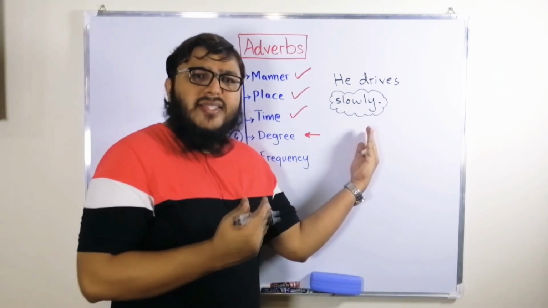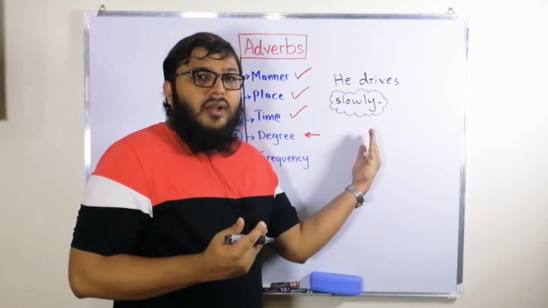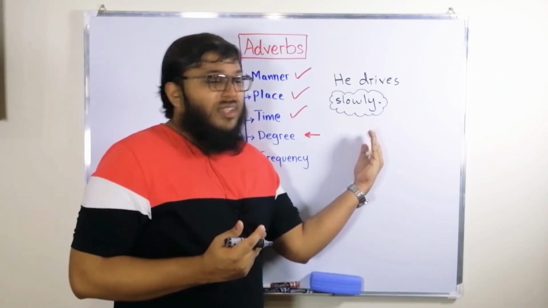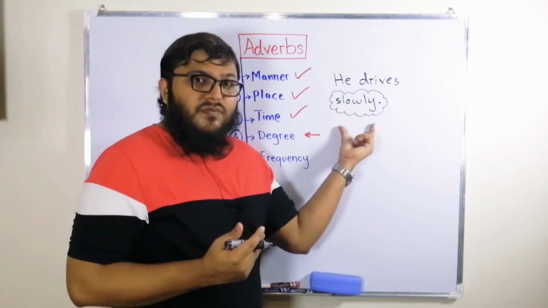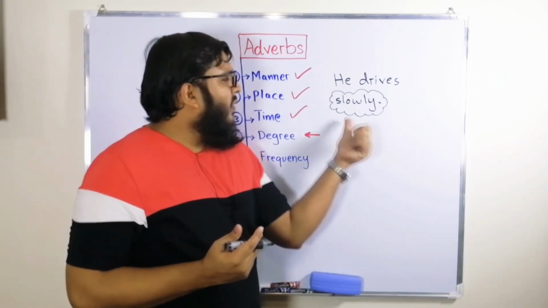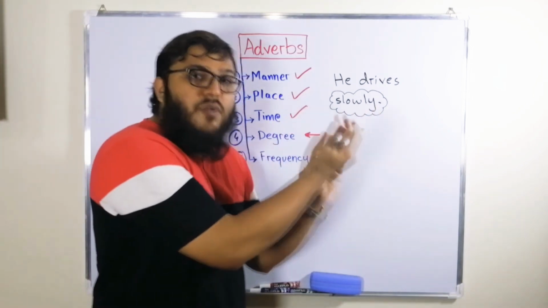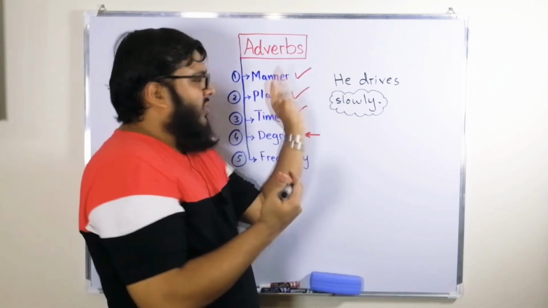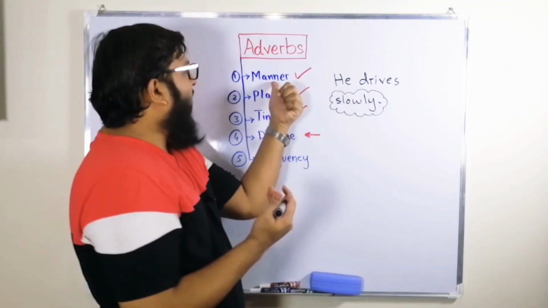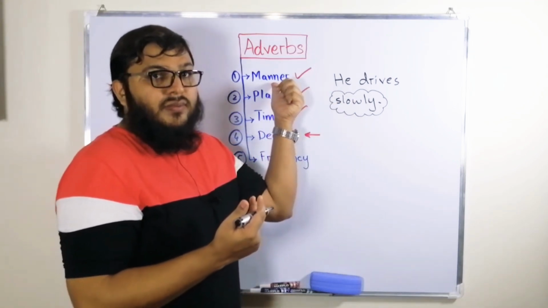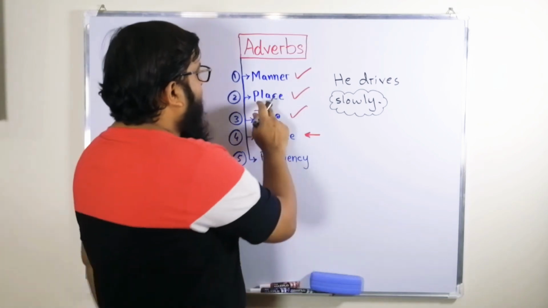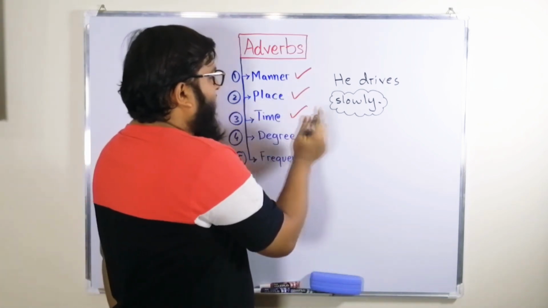So when you're adding a suffix at the end of an adjective, that becomes an adverb. So that kind of adverb where you add ly to form it from an adjective to an adverb, we call them adverb of manner.